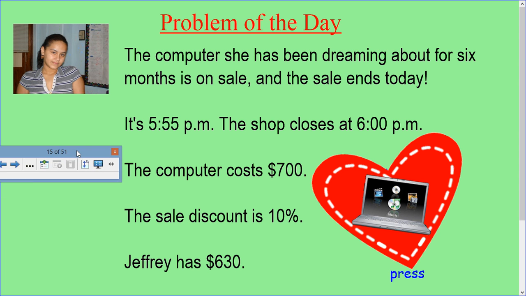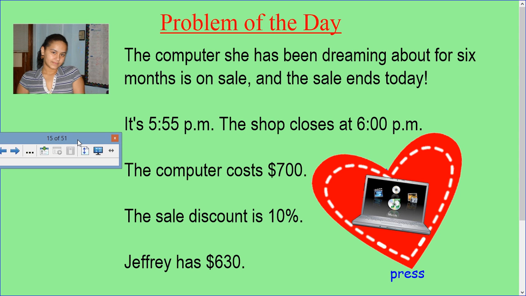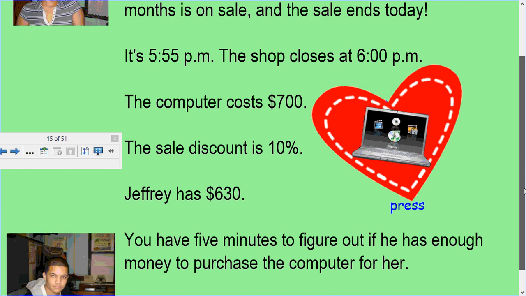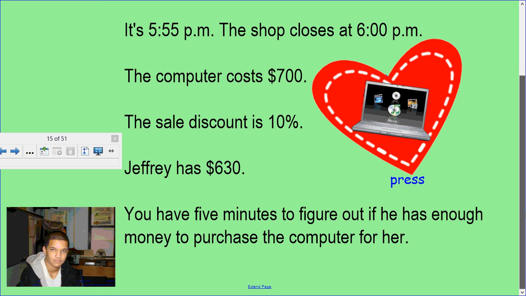The sale discount is 10%. Jeffrey has $630. And there's Jeffrey down there. You have 5 minutes to figure out if he has enough money to purchase the computer for her.